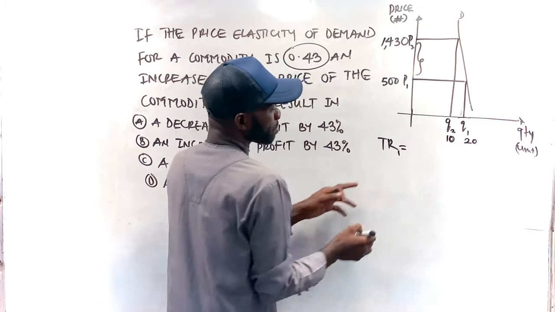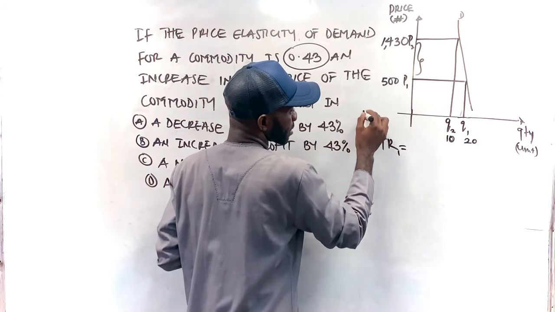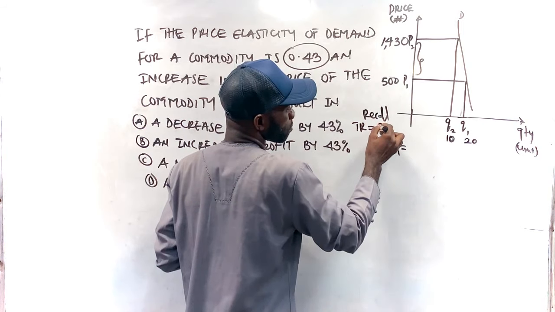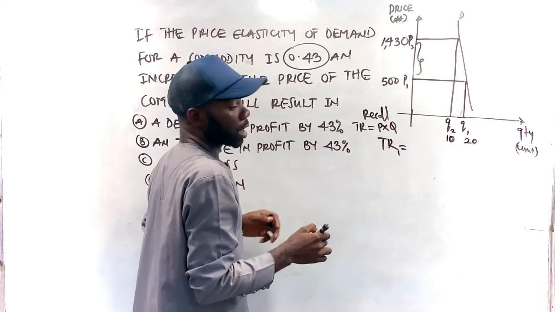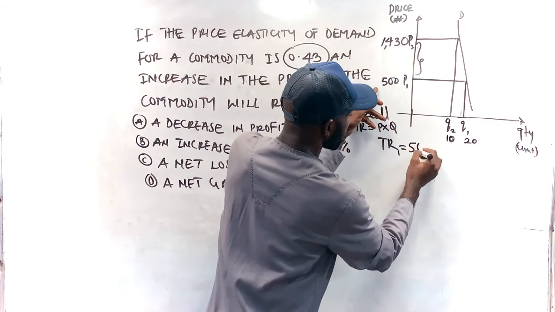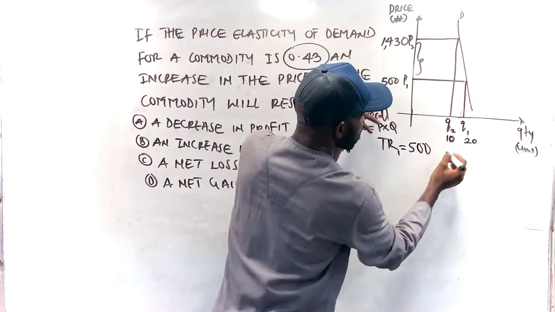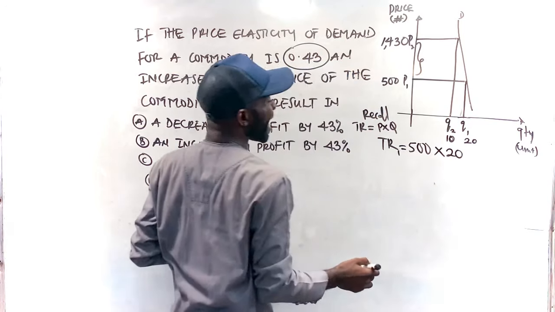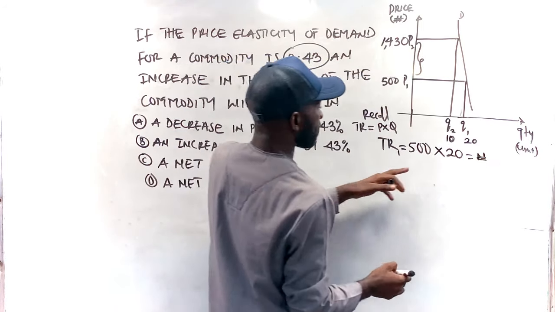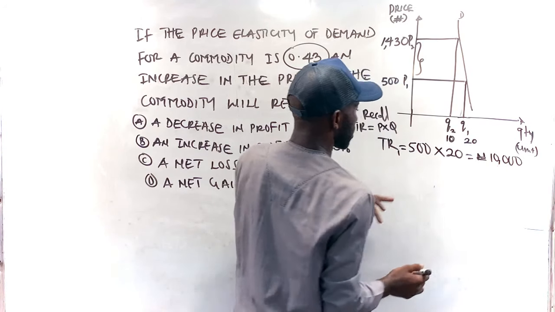At the point he is making the first total revenue, please don't forget that my total revenue is equal to price times quantity. So first total revenue, he has 500 naira at how many units sold? 20. 20 will give you a total of 10,000 naira.